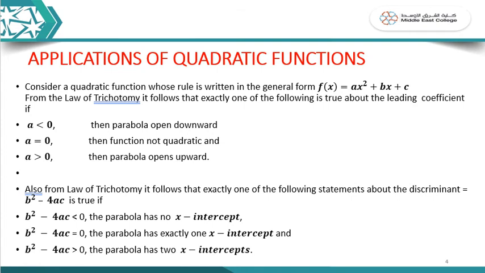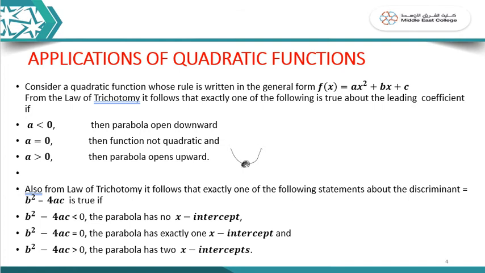Now if a is positive, it will open up. Okay, so this point we call the minimum point. If a is positive, it will open up and have a minimum point.